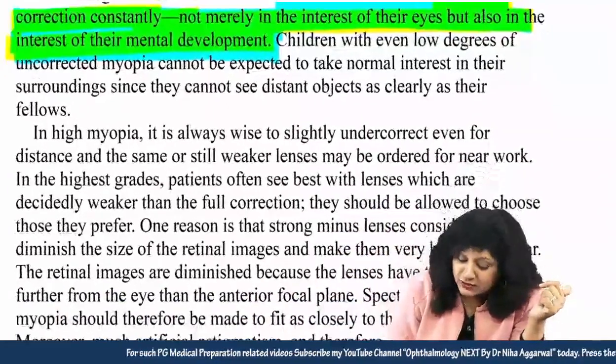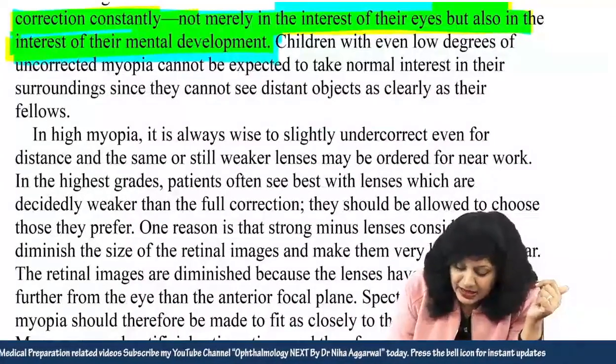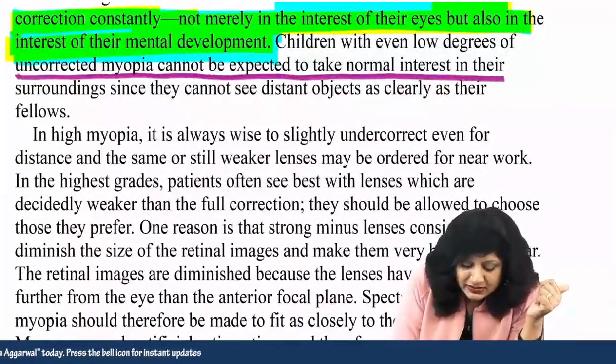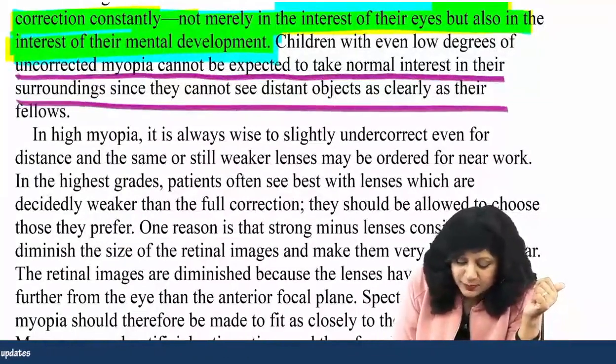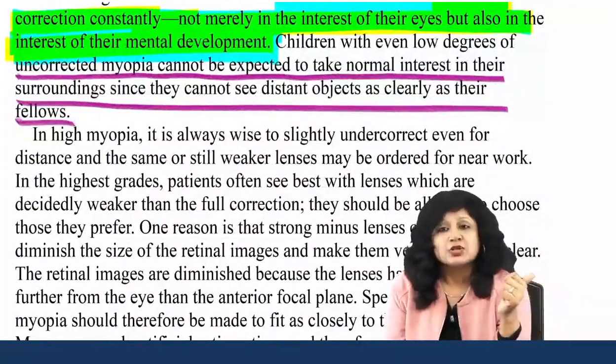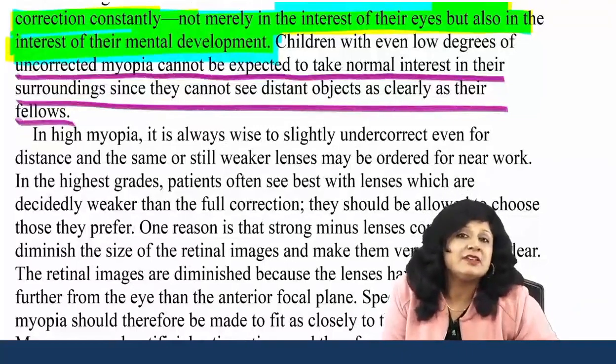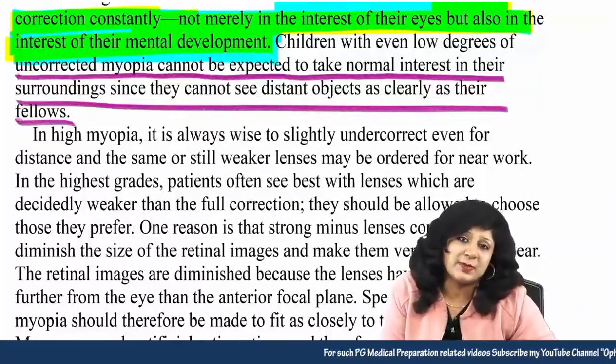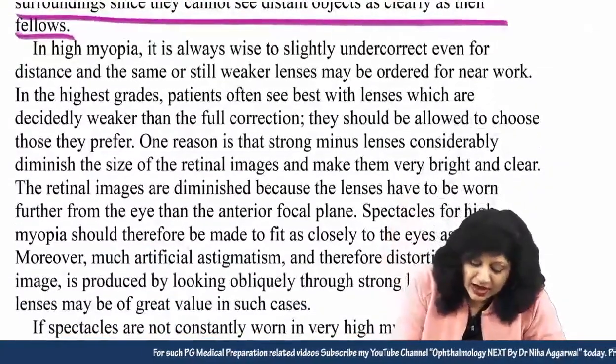Children with low degrees of uncorrected myopia cannot be expected to take normal interest in their surroundings, since they cannot see distant objects as clearly as their fellows. So for their mental development also, it is of utmost importance that the patient wears the spectacles. Then coming to high myopia.